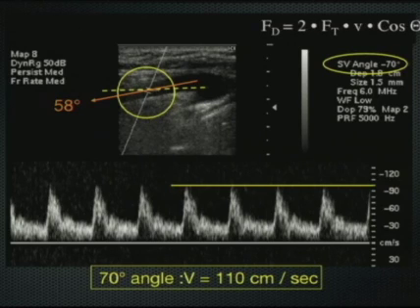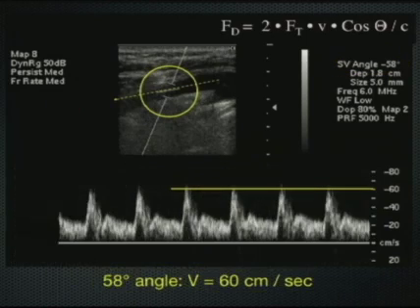Well, the answer is it makes a huge difference in the estimate of velocity, because in this case, when the proper Doppler angle is entered, that is 58 degrees, we see that the velocity is actually only 60 centimeters per second, not 110 centimeters per second. An error of this type, then, can result in an incorrect estimation of the degree of stenosis within a vessel, perhaps leading to improper management.